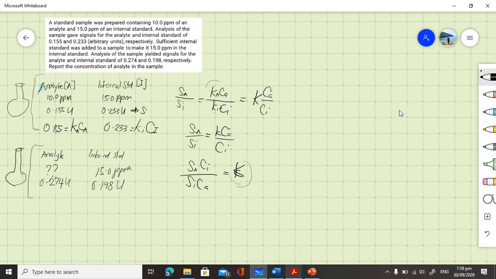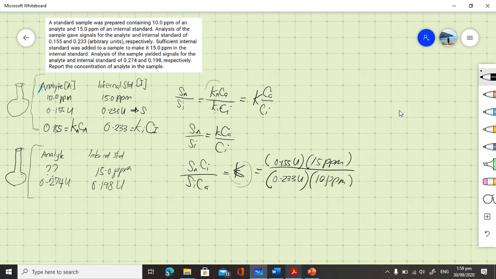Okay? So the value of K will be SA, which is 0.155 units, times CI, which is 15 ppm, right? All over SI, or the reading of the internal standard, which is 0.233 units, and the concentration of the analyte is 10 ppm.